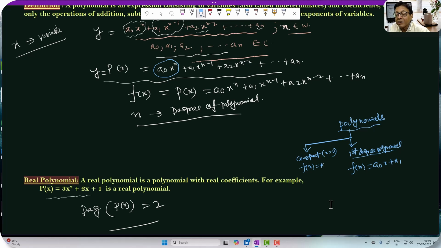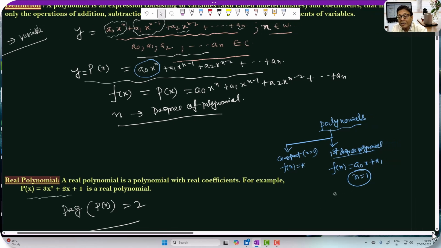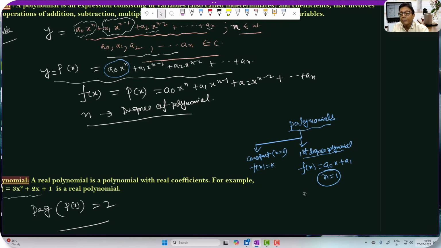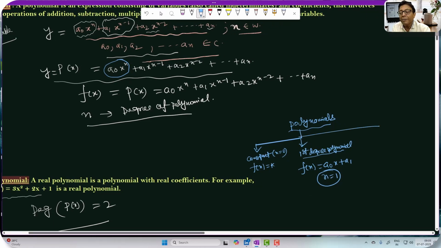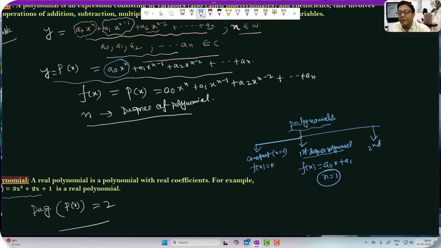Here n is what? n is equal to 1. This is a first degree polynomial. This has another name, that is called a linear polynomial. A polynomial may be a quadratic polynomial, that is second degree or quadratic.